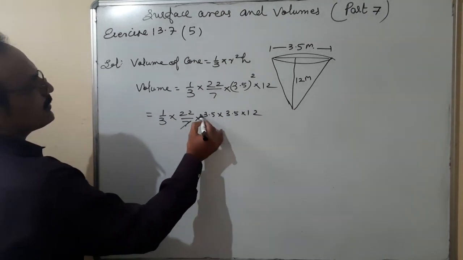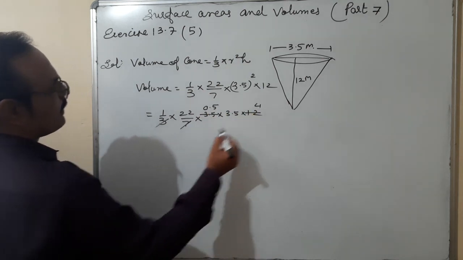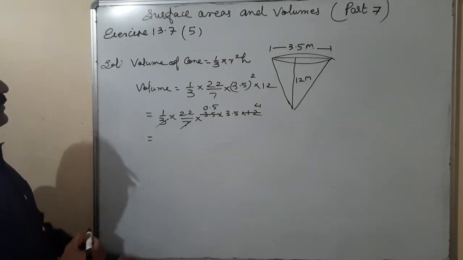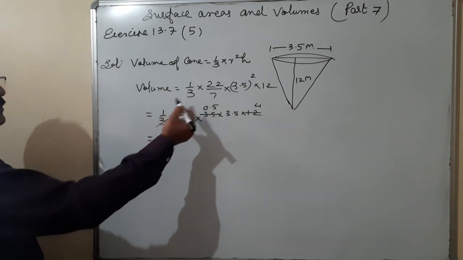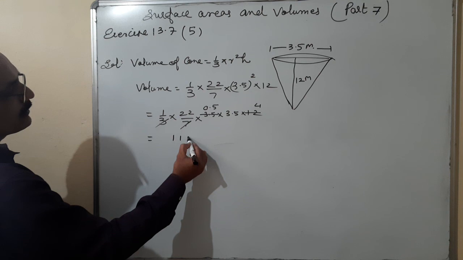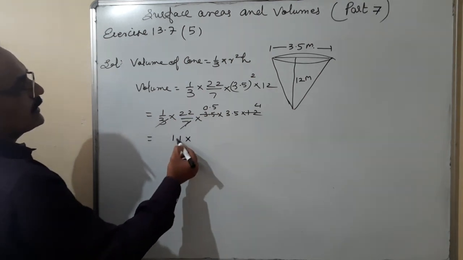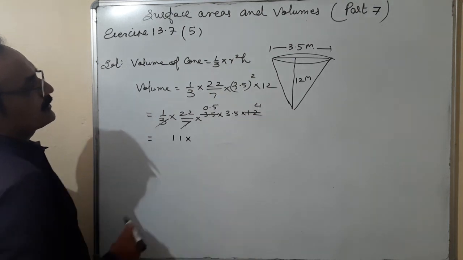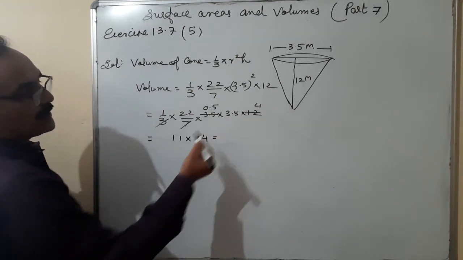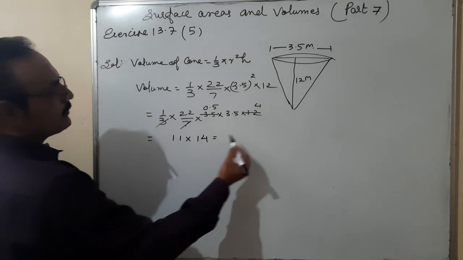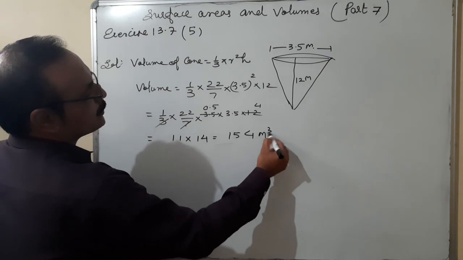Okay, 7 5s are 35, and 3 4s are 12. It is coming 22 multiplied by 5, 110, 11.0, 11. 22 5s are 110, 11, and 35 4s are 14. 14.0, that means it is 14. 14 minus 14, 1, 14 minus 14, 154 meter cube.